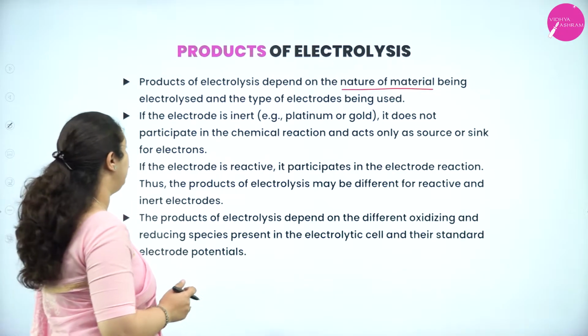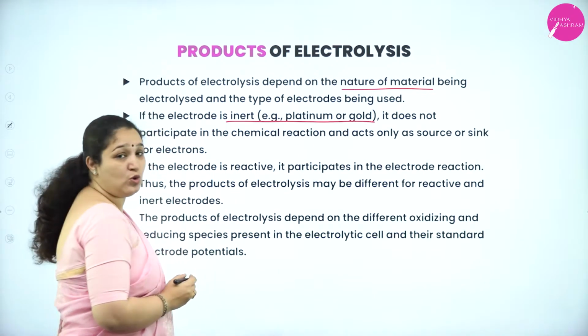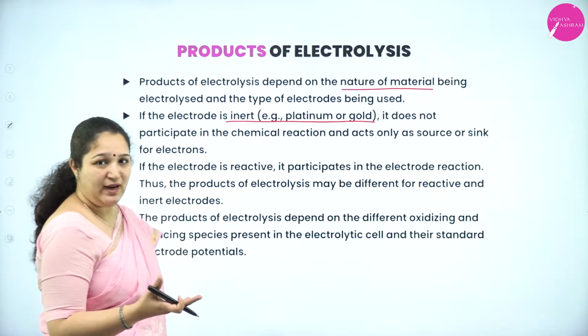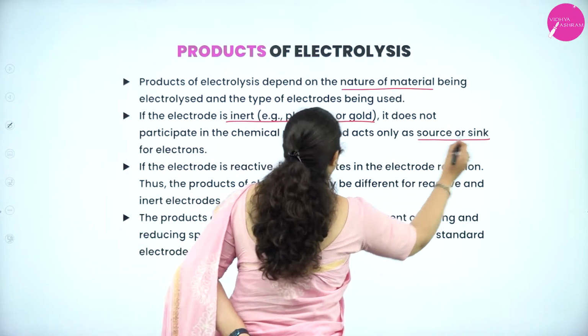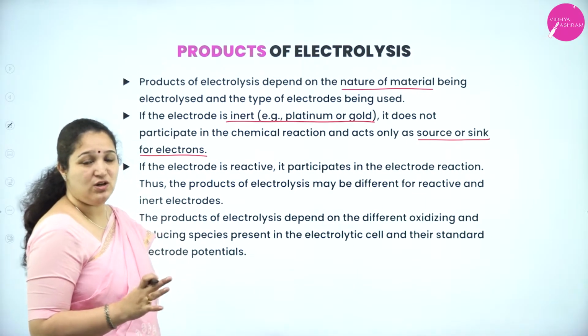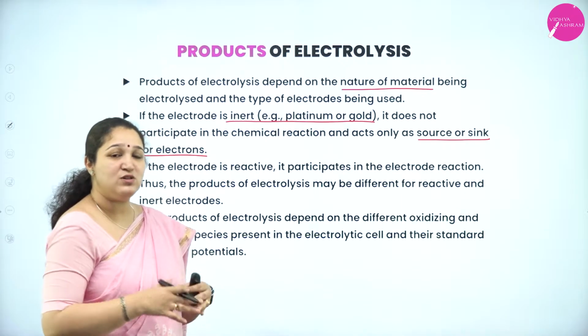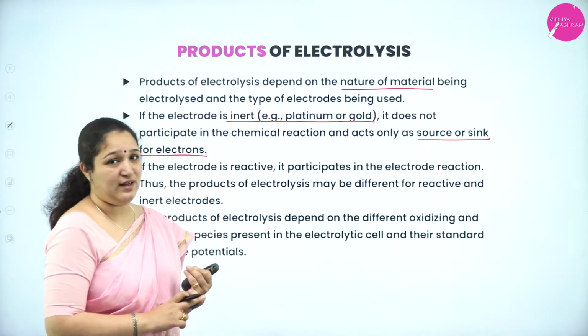That is first thing. If the electrode is inert like platinum or gold, which do not take part in the reaction at all, they behave like a source or sink alone, sink for electrons, that's all. There is no taking part of these electrodes in the reaction. That is when we are using an inert electrode.